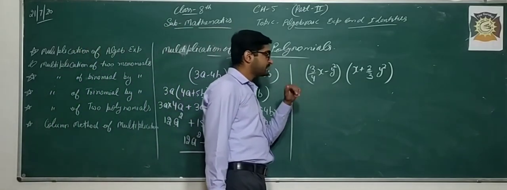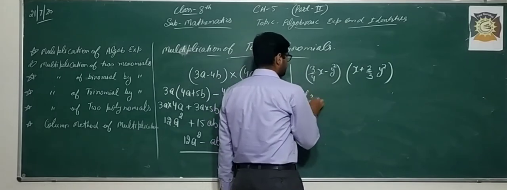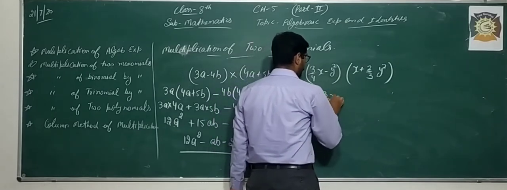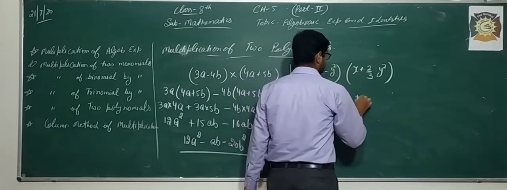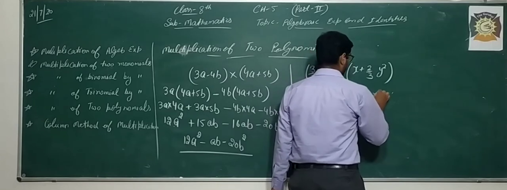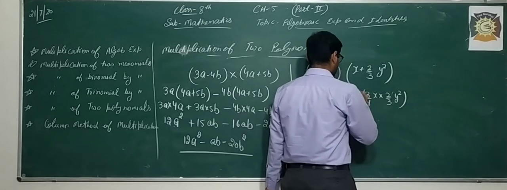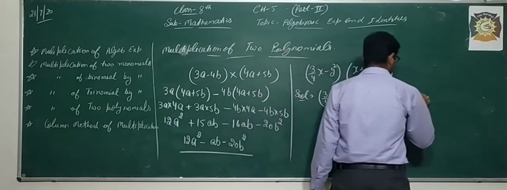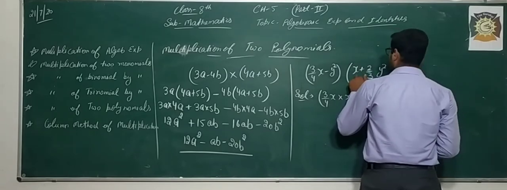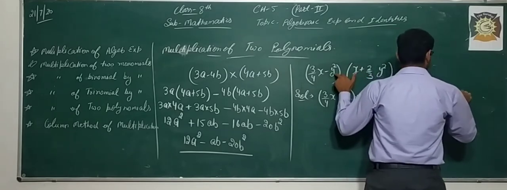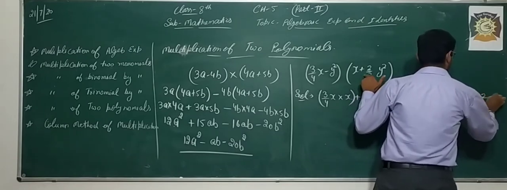Next, one more example is there. You can see again we will start with the same process: 3 by 4 x into x plus 3 by 4 x into 2 by 3 y square, minus y square into x, minus y square into 2 by 3 y square.